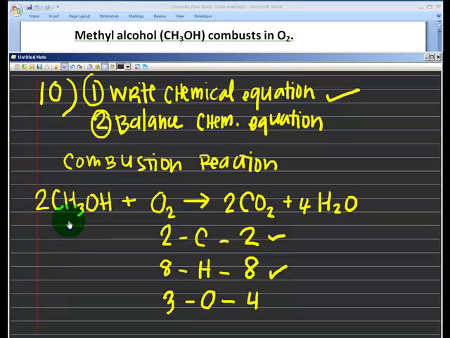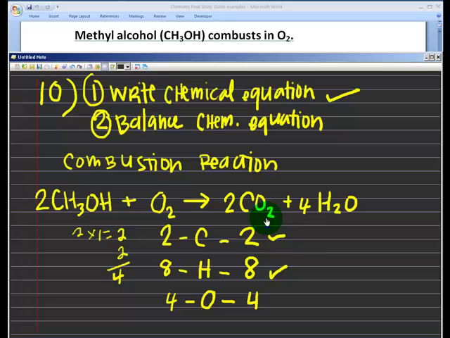Alright, now we can go back to oxygen. So in methyl alcohol on my reactant side, I have 2 times 1 oxygen over here. That equals 2 oxygens, plus the 2 I have over here. So I have a total of 4 oxygens. However, let's look on our product side.